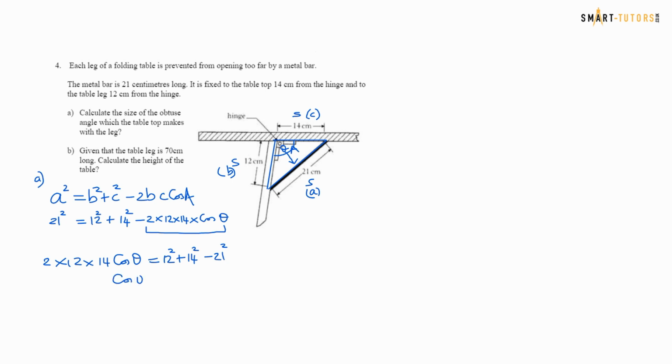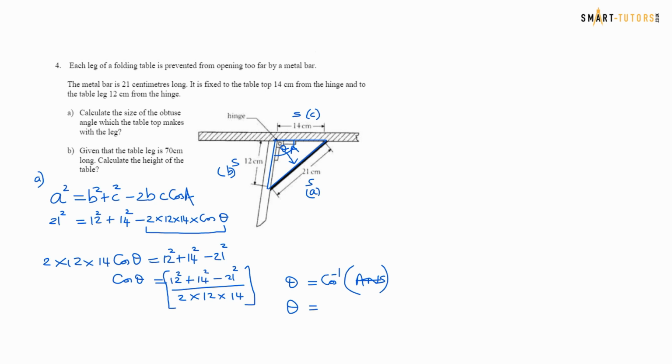So cos theta equals 12 squared plus 14 squared minus 21 squared, divided by 2 times 12 times 14. So that gives theta equals cos inverse of that answer. So that is the first part of the question.